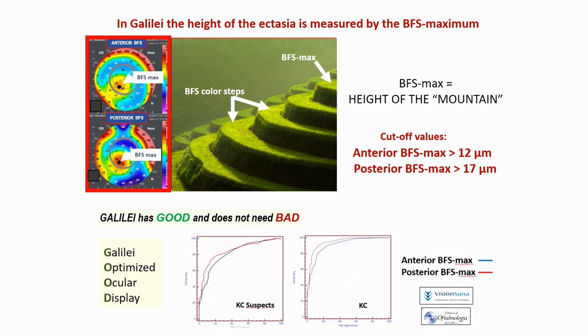And this produces a good ROC curve for sensitivity and specificity, which means false negative and false positive.